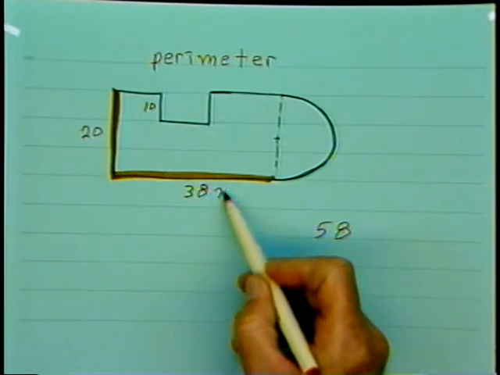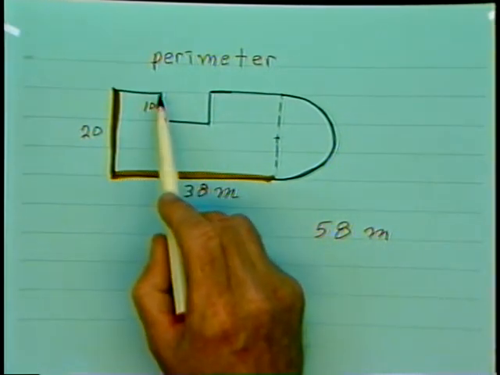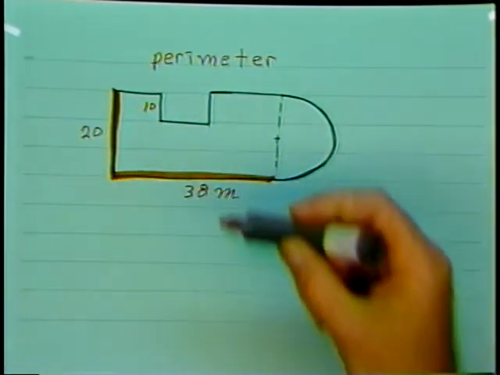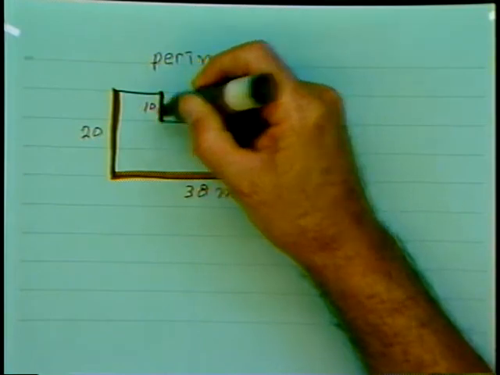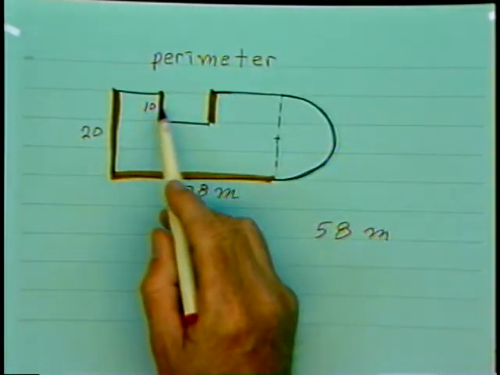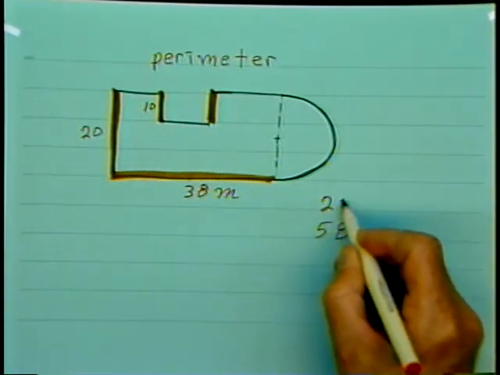Let's say they're meters once again. And we can see, in this case, we might have to ask for further clarification that these two are equal. Well, if I add those two, double one of these, I get another 20 meters.